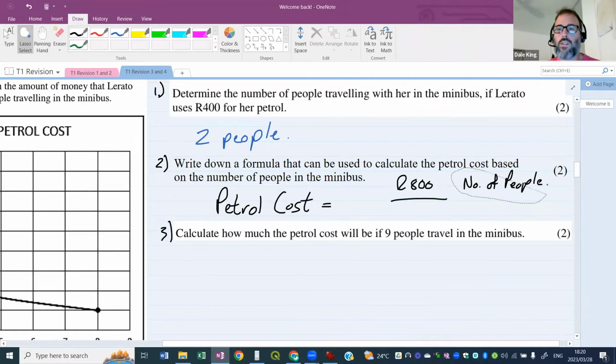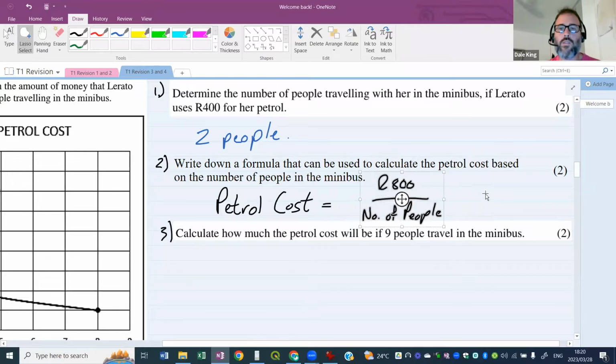All right. Now we're going to test this. Okay. So this is a formula that we can use. Now let's test the formula to see if it works. Okay. So let's say that we have, like question 1 says, 2 people. All right. So we change the number of people here. But if we change the number of people to 2, then the petrol cost will be 800 divided by 2, which is 400.